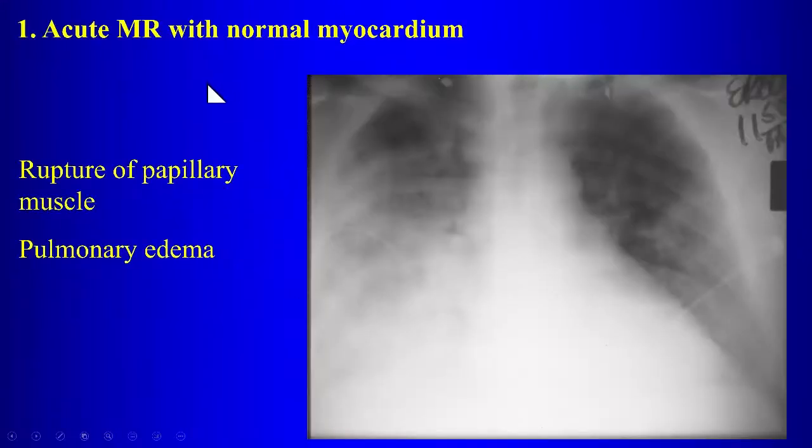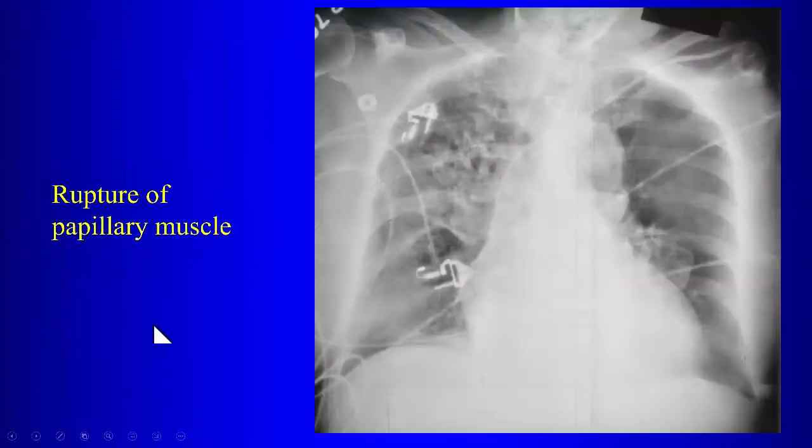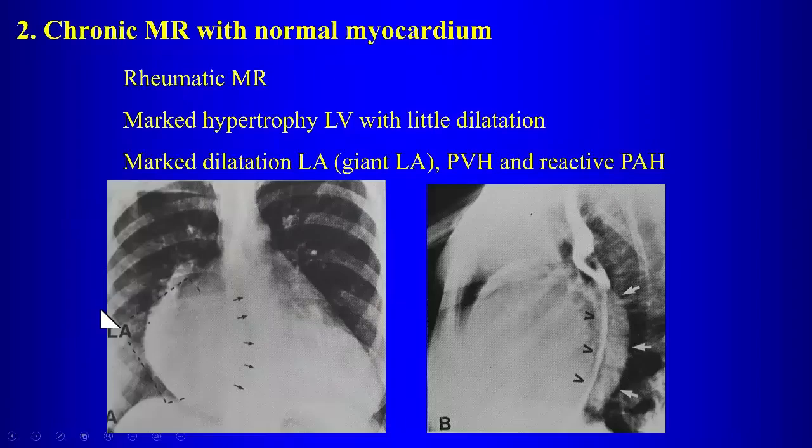So if we have acute mitral regurg with relatively normal myocardium, it is not well tolerated. Those patients go into pulmonary edema, and it can be worse on the right side. Right? So we'll see this in patients who have an infarct who develop rupture of the papillary muscle.